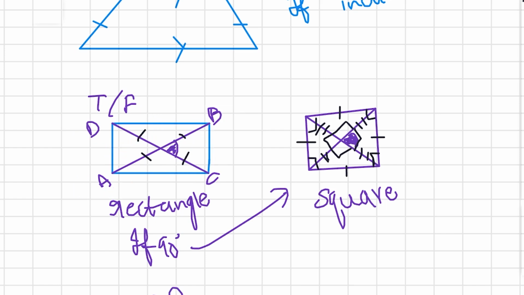And the angle between them is not 90 degrees. But at the vertices, the angles are 90 degrees, yet the diagonals don't bisect the angles like the square does. Diagonals also don't bisect. That is one important point, only for square.